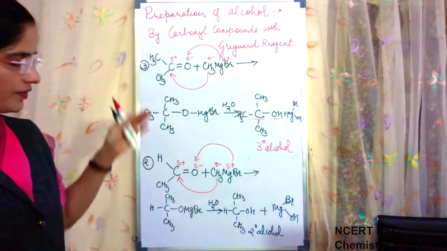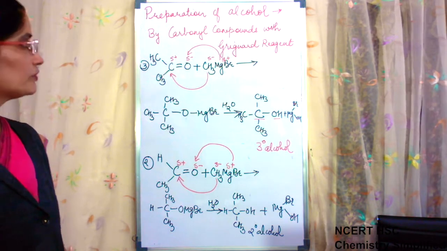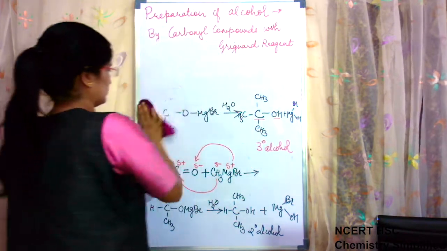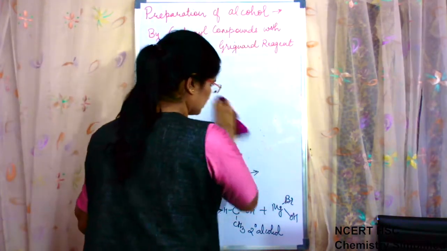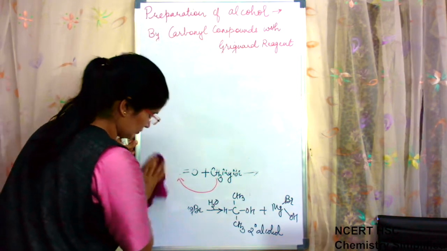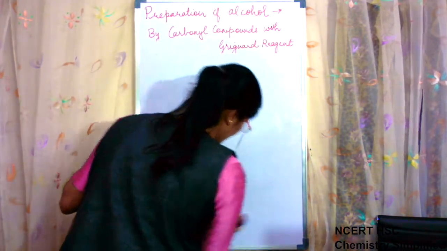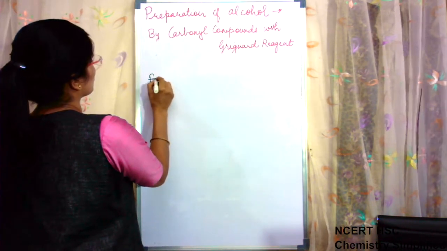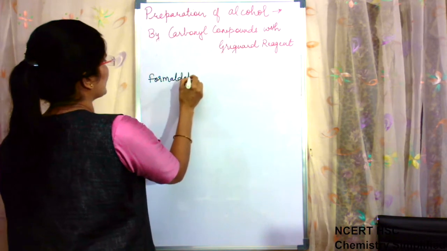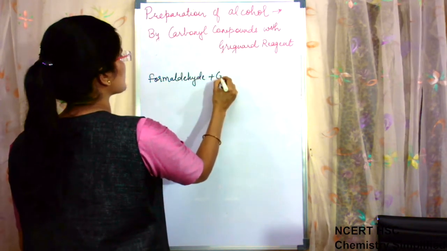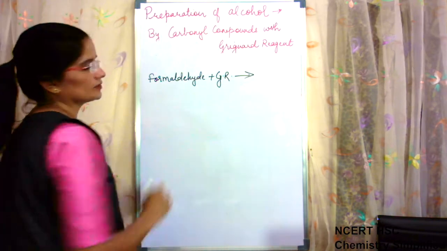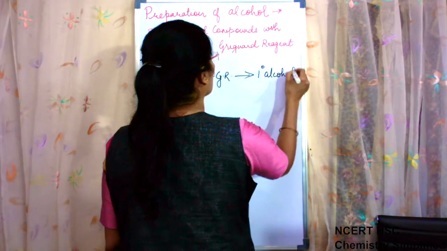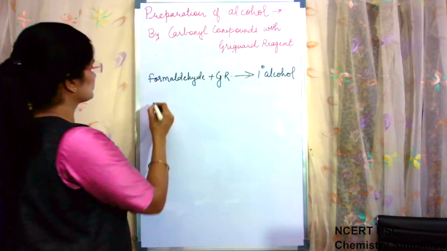After seeing all three reactions, we can summarize it as follows. Formaldehyde plus Grignard reagent will give you 1 degree alcohol.